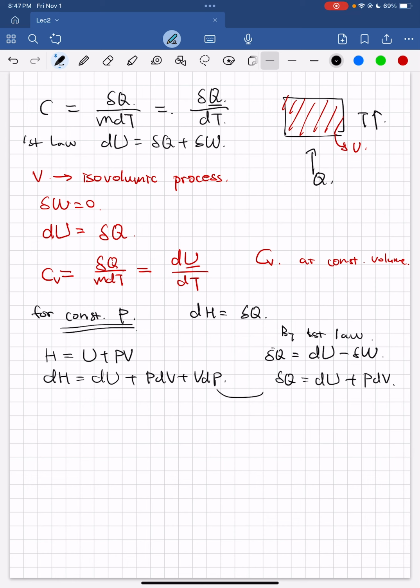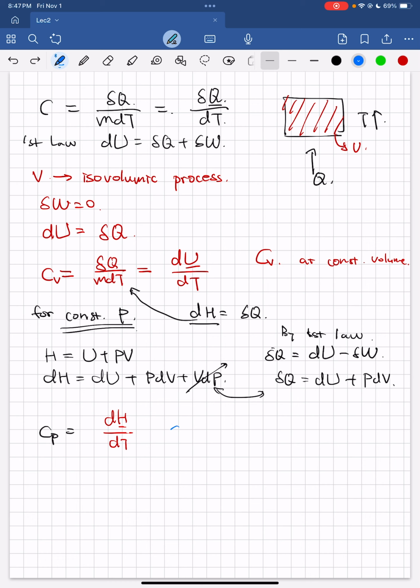So at constant pressure, the Vdp term is 0, so dH equals del Q. Anyway, so we plug this into the same formula, then Cp equals dQ over dT, which is dH/dT. Here we mind this 2 under bar.